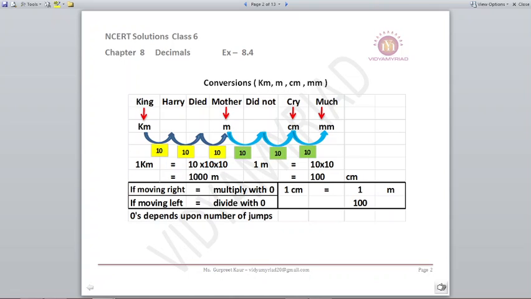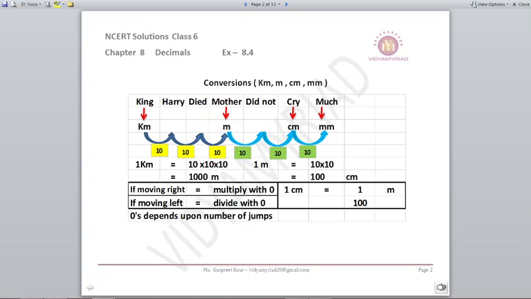Remember this. Next step is, if you see, I have made the curves that are the number of jumps, the number of moves you will make to reach another conversion. If you are moving to your right hand side, from kilometers to meters or centimeters or millimeters, that means moving forward, you will multiply it with that number of tens.